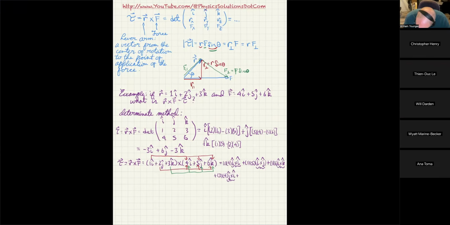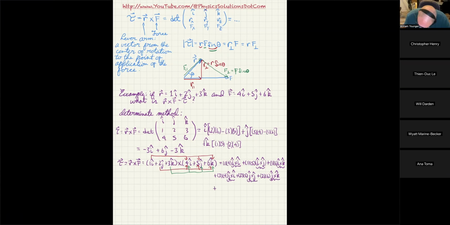So that's 2 times 5 times j hat cross j hat. And now I can do 2 j hat cross 6 k hat. So that's going to be plus 2 times 6, and this time it's j hat cross k hat. Again, something we can work out.